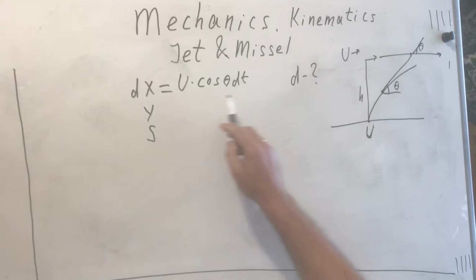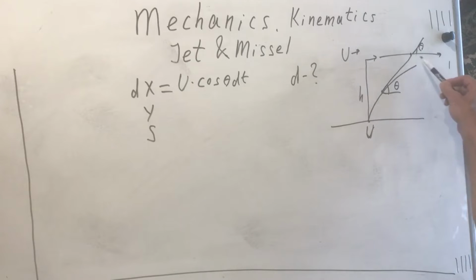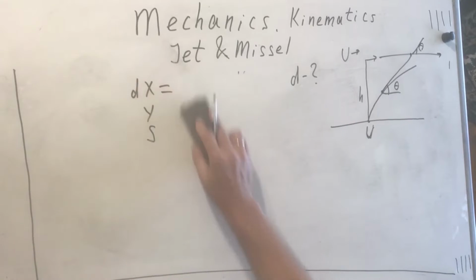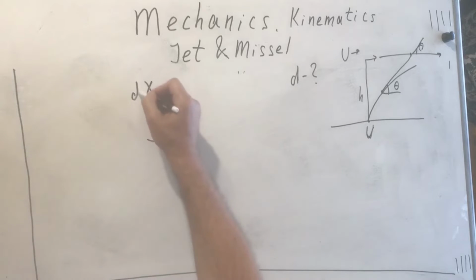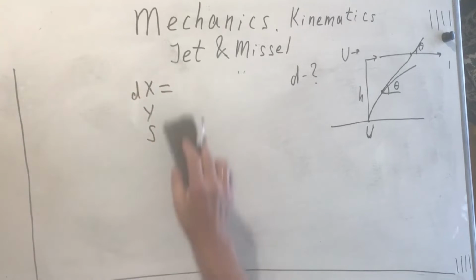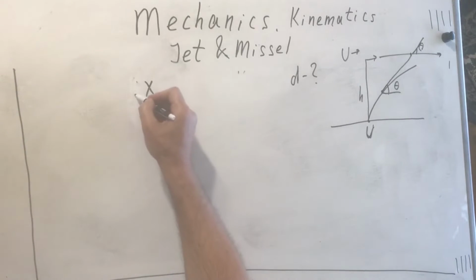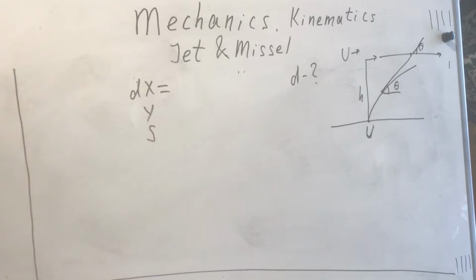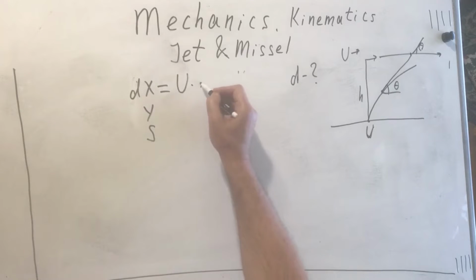This is how this jet increases this distance x, and we need to subtract, oh, I'm sorry, we have dx equal, so we have dx equal to velocity u multiplied by delta t.